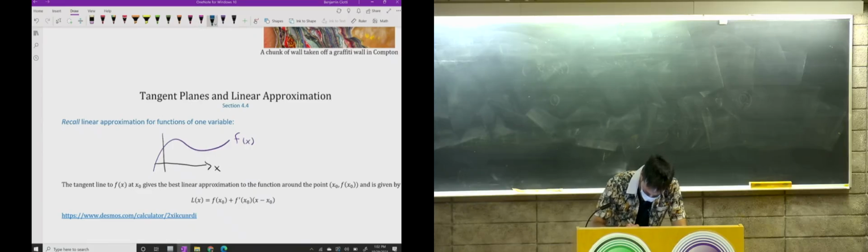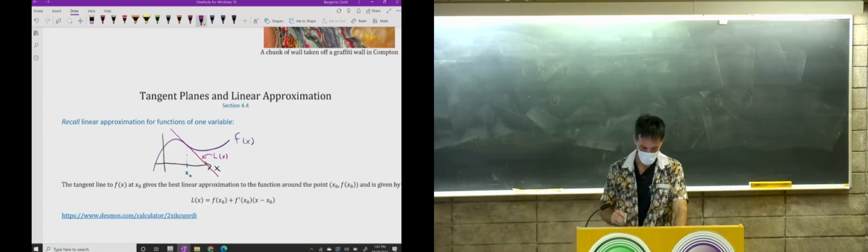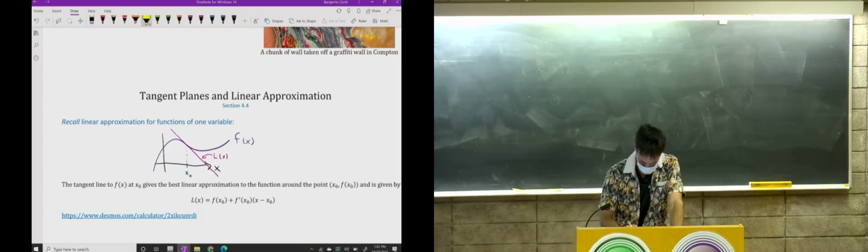And if you pick some point on the x-axis, say x naught, you could form the tangent line to the graph at that point. Let's call that line L of x. Then you learned in 10a that L of x had the following formula.